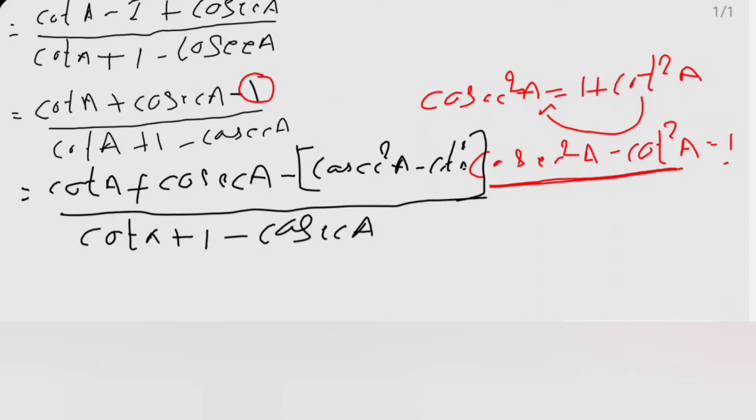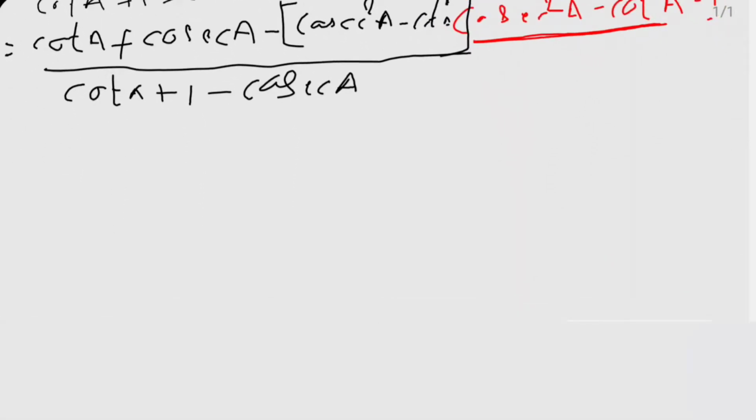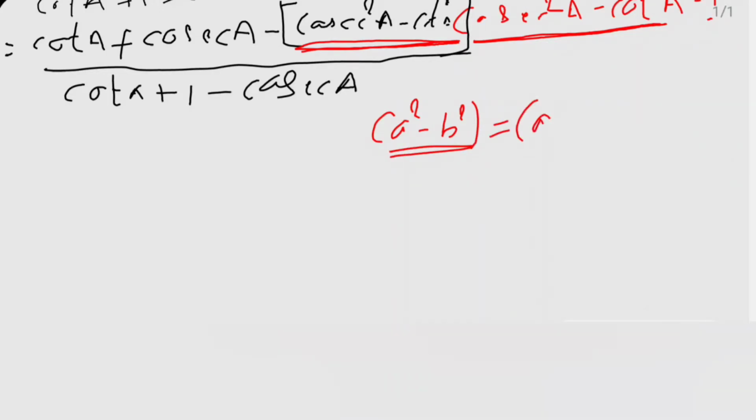Now see here, cosec square A minus cot square A is in the form of A square minus B square, and we know its factor form is (A minus B)(A plus B). So cosec square A minus cot square A is (cosec A minus cot A)(cosec A plus cot A), right?